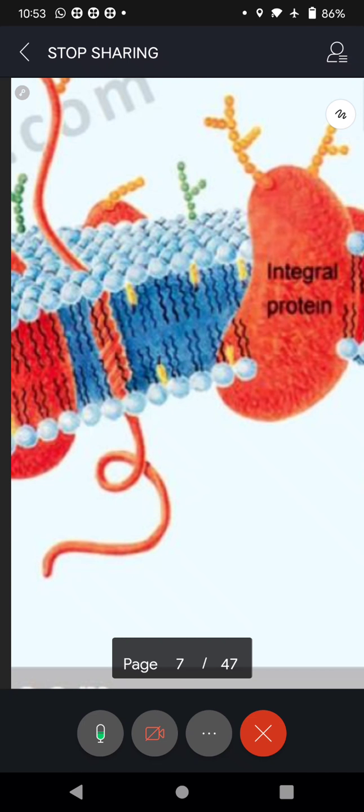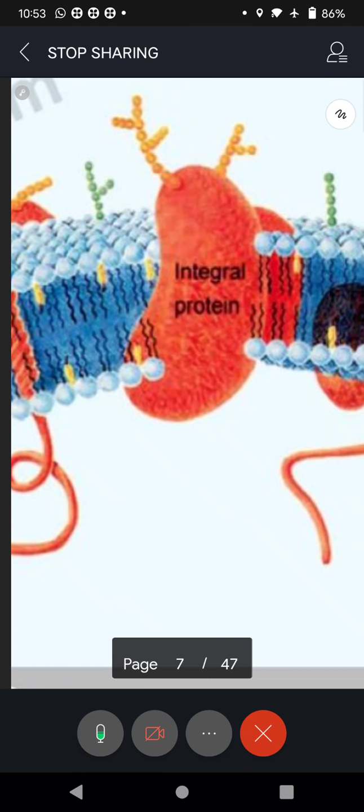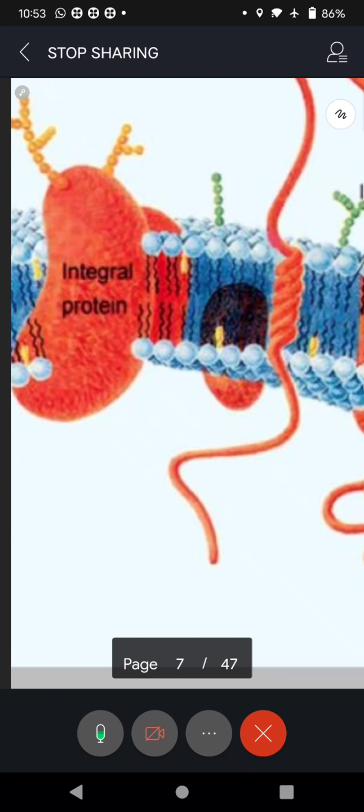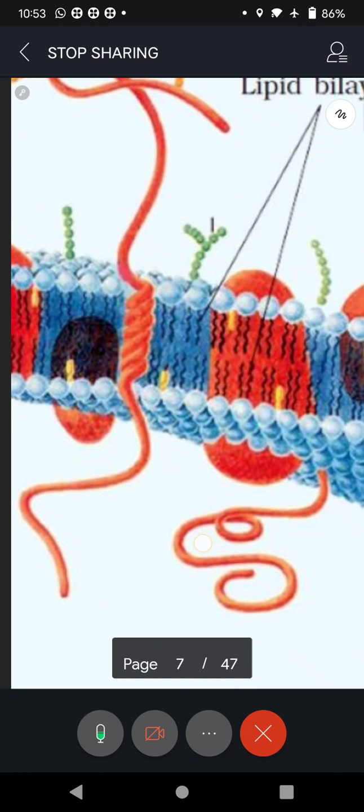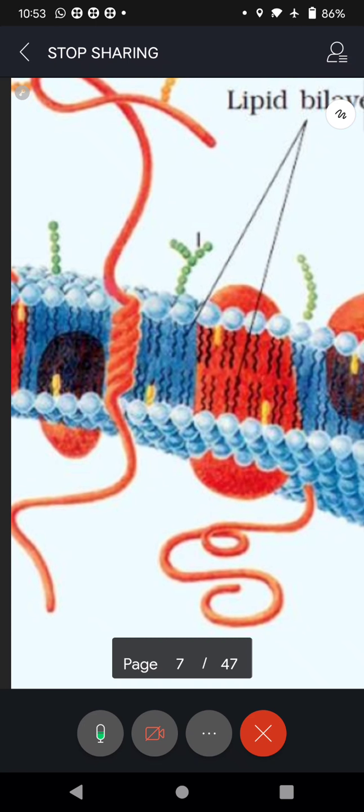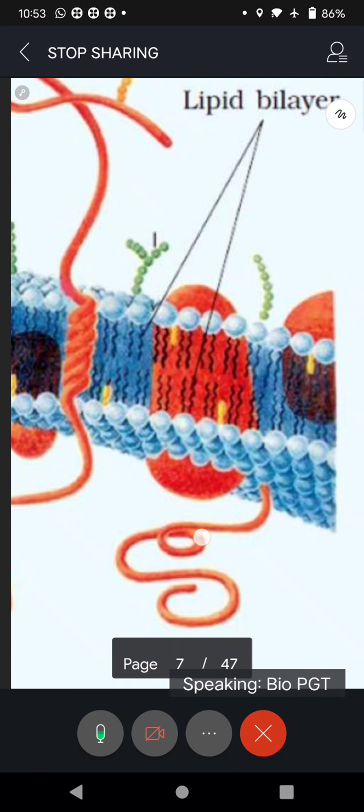Okay, and then there is protein molecule. We have labeled it as integral protein, means in between the fat layers there is protein. Look at that lipid layers, lipid bilayer. Are you able to see? Just like ribbons there.